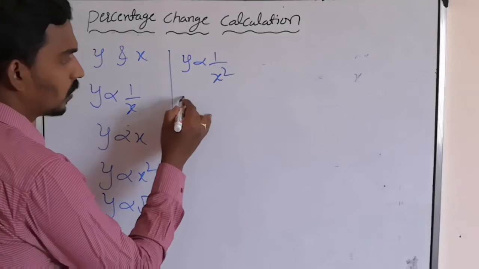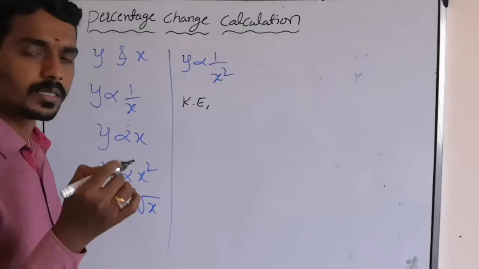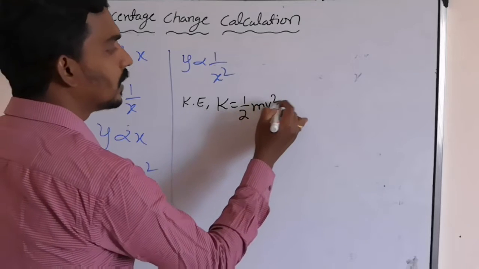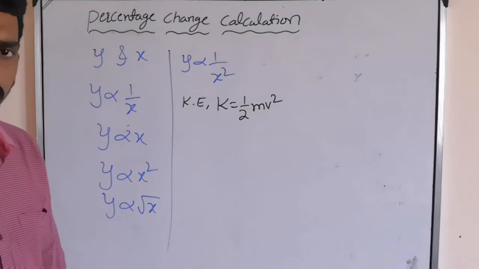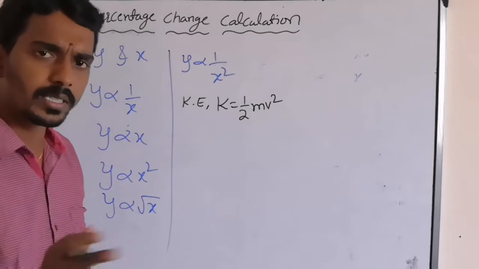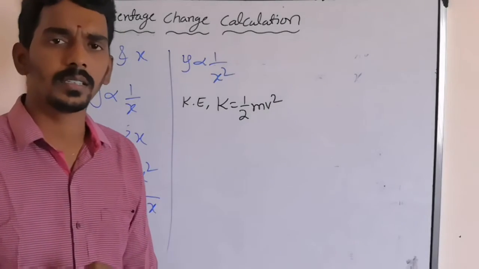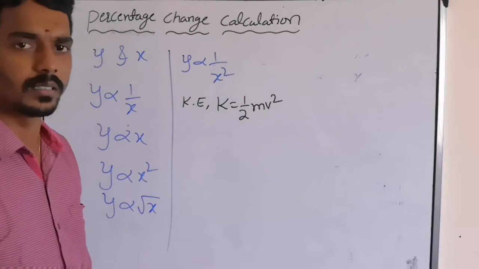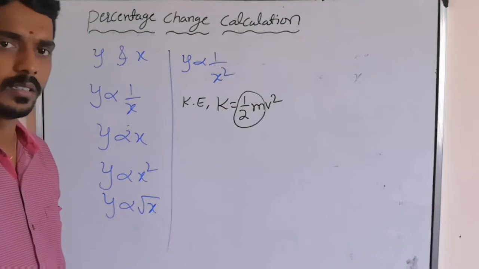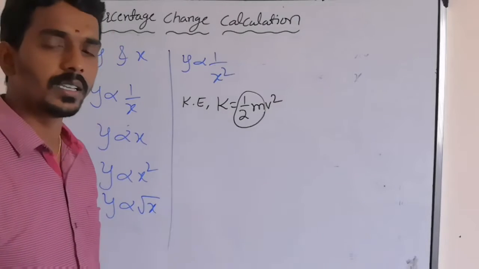For example, in physics, you know one formula, the kinetic energy of a body moving with some velocity v. What is the kinetic energy formula? Half mv square. So here half is constant, and if you move the body, mass does not change. Only velocity will change. So here mass is also constant. So velocity changes, so that kinetic energy changes.